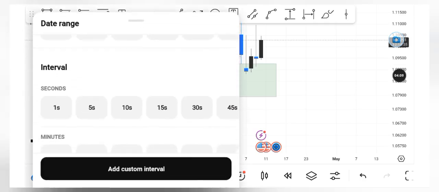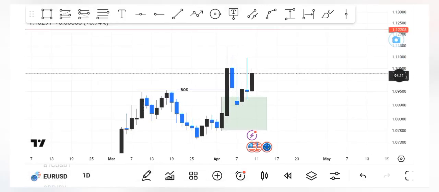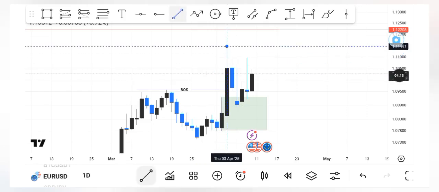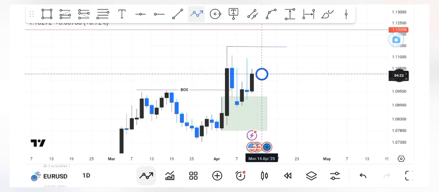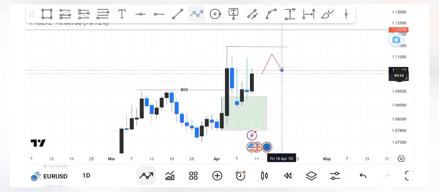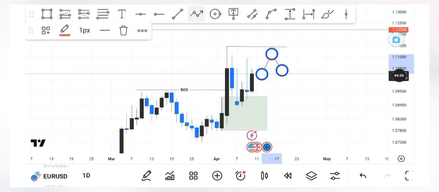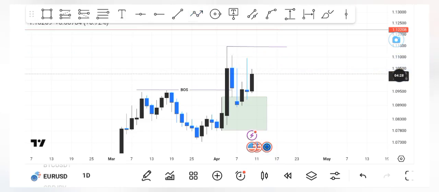So we're going down with our top down analysis to the 4-hour. However, before we go to the 4-hour, we have the liquidity above, the buy side liquidity. The market really likes to move up, and if that liquidity zone is strong enough, it may also push the market down.